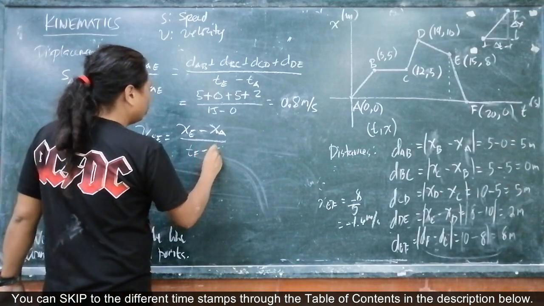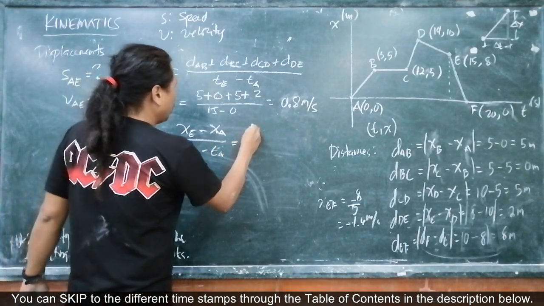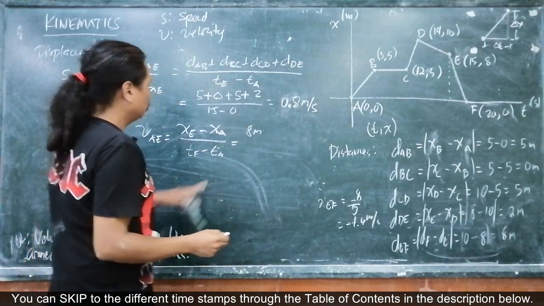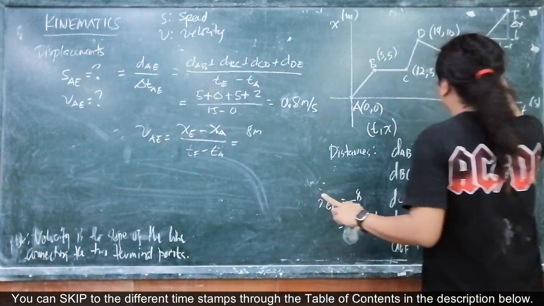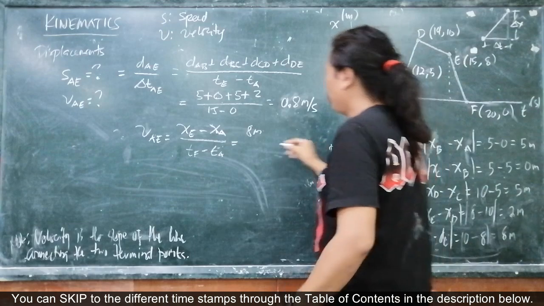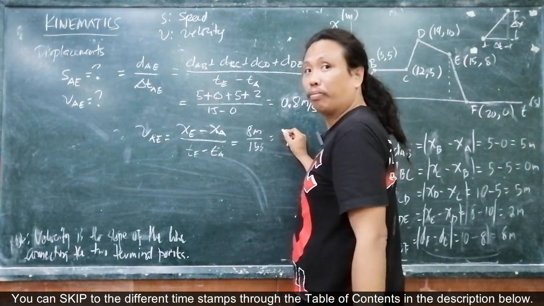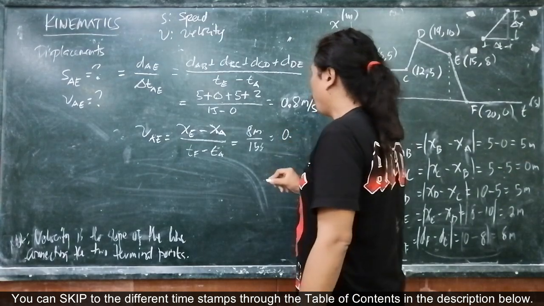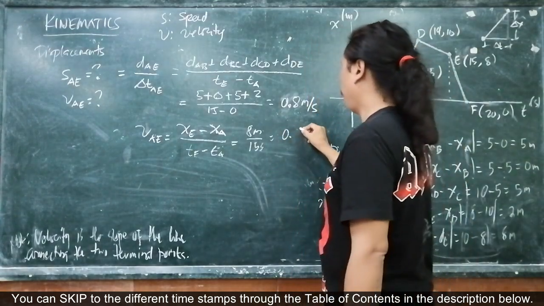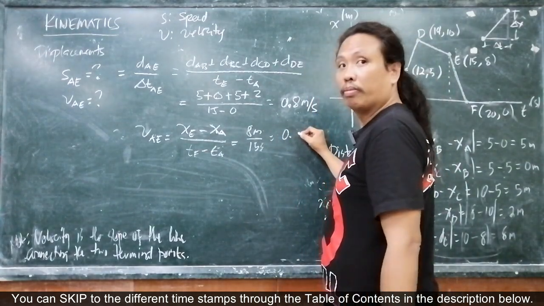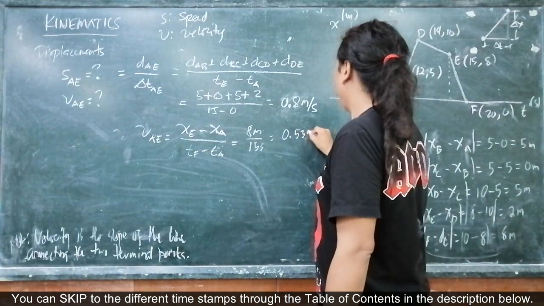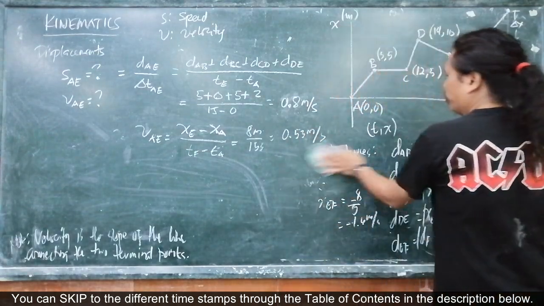So XE is 8 minus 0 over 15 seconds. So this is 0.53 meters per second.